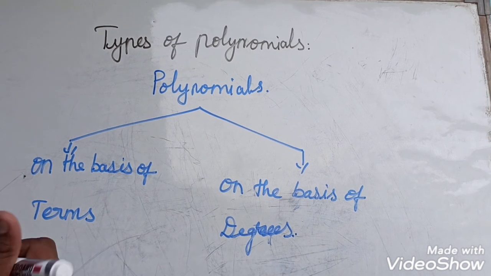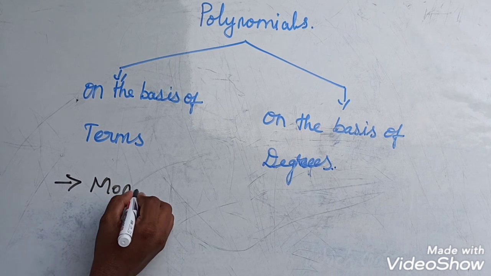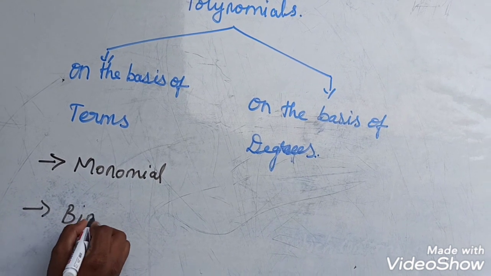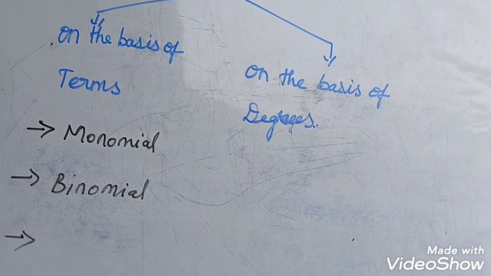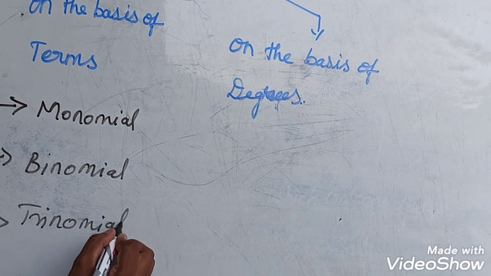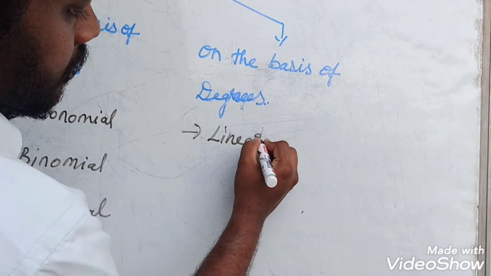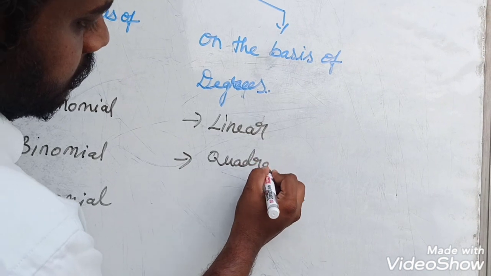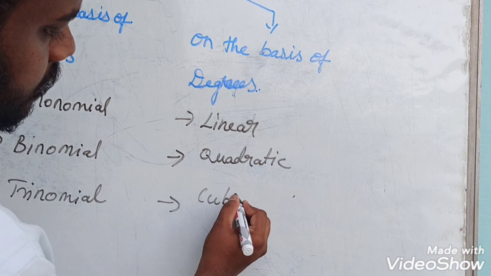In terms, the first one is monomial, the second one is binomial, and the third one is trinomial. On the basis of degree, the first one is linear, the second one is quadratic, and the third one is cubic.